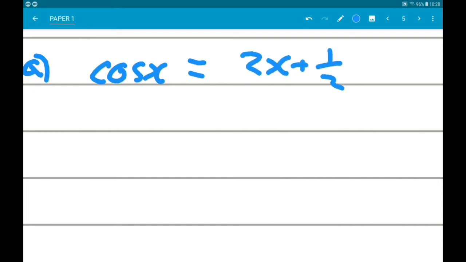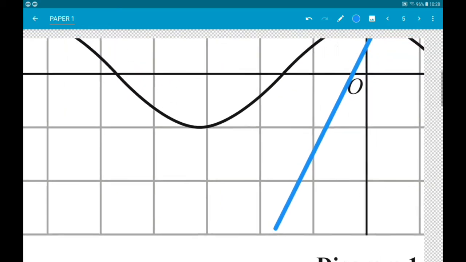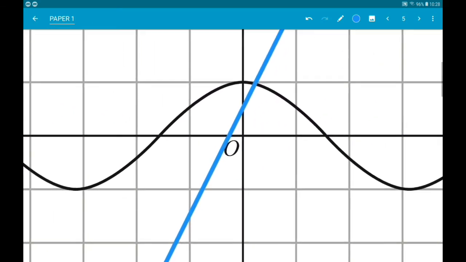So 2x add 1/2 is a straight line with a gradient 2 and a y-intercept of 1/2. So if we sketch the line, then it looks something like this. Now there's only one point of intersection, so that shows that there is only one root.